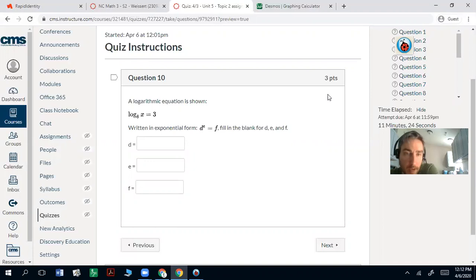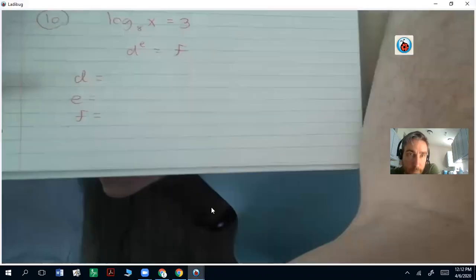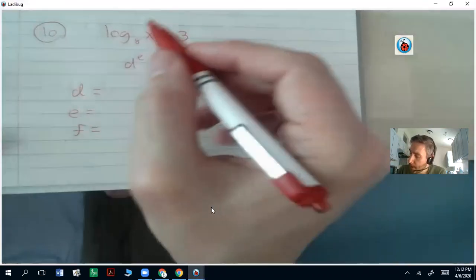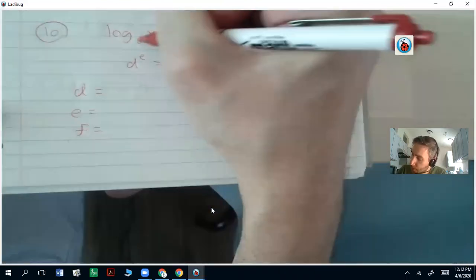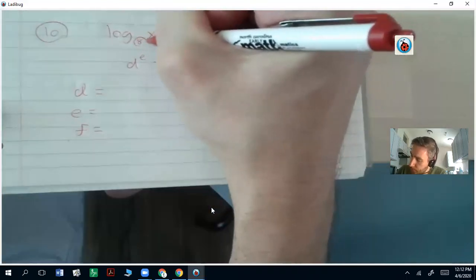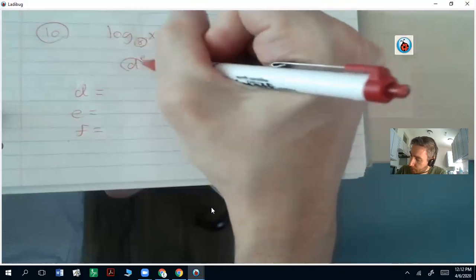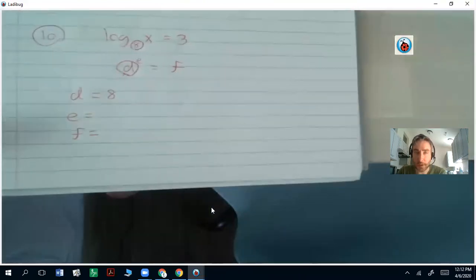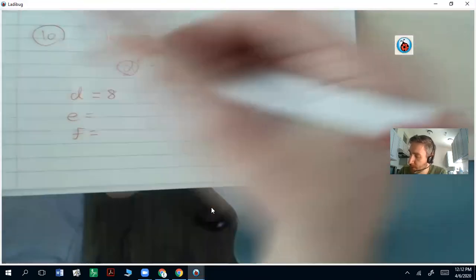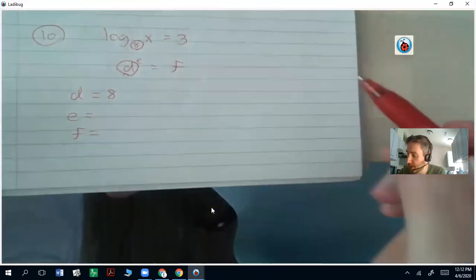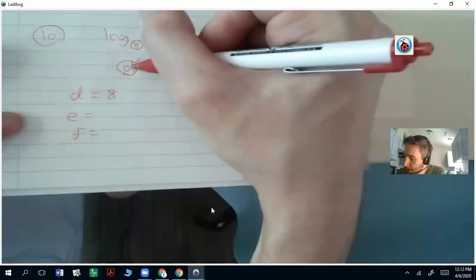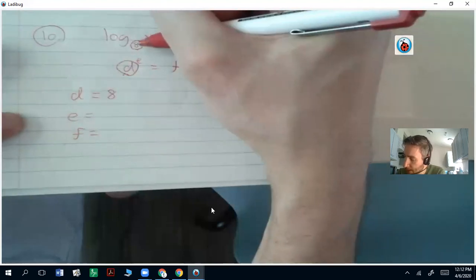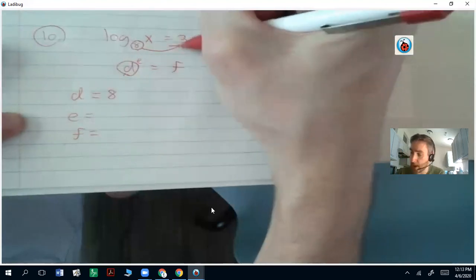So again, I'm going to go back to my paper. Log base 8 of x equals 3. My base is going to be 8. That's going to be d. That's usually the easiest one to get. Now remember, exponents and the equation get separated. So d to the e power would be 8, not to the x power, but 8 to the third power.